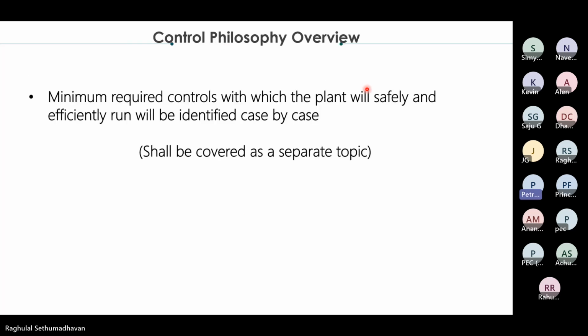Then there is control philosophy. For a unit, there are some minimum required controls for proper functioning of that unit. That will be covered in the control philosophy, also as a separate topic.